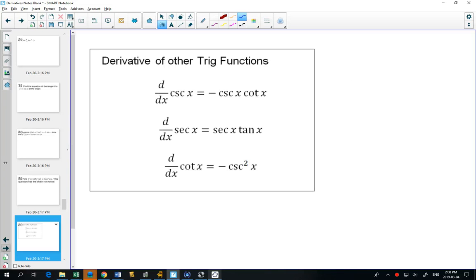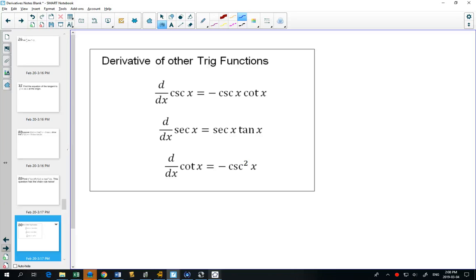Wow, there they are. These ones, I find, myself included, are easy to forget if you're trying to memorize them, because you don't use them very often. The derivative of cosecant, the derivative of secant, the derivative of cotangent. But it's not hard to figure out the derivative of 1 over sine.